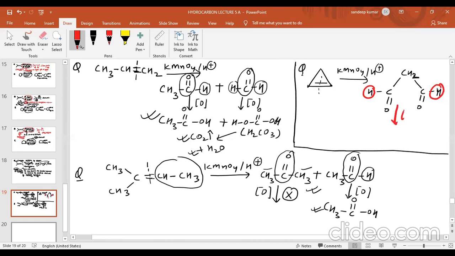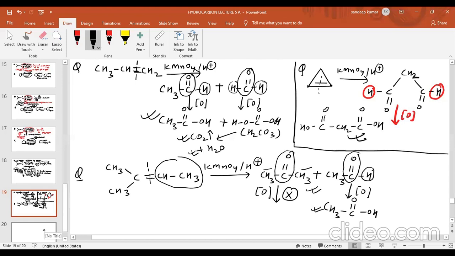Further oxidation will give the product like this: COOH, then CH2, and then again C double bond O and OH. So this is the final answer. This product is obtained. So this is basically the catalytic oxidation.